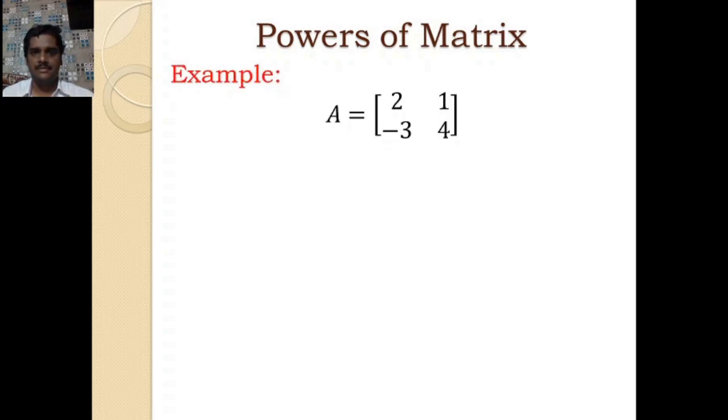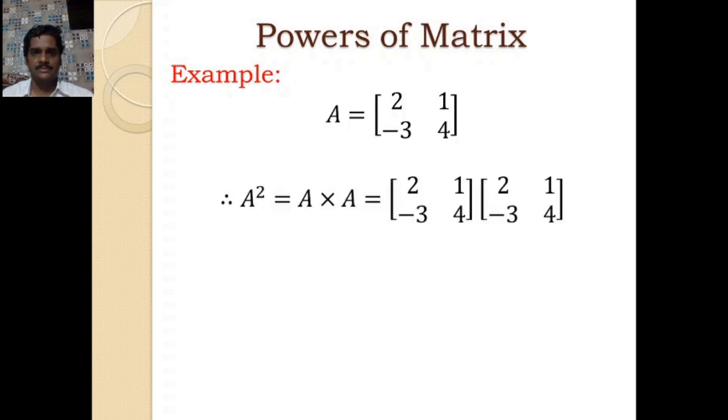So I have one 2 by 2 matrix over here, and I'm going to compute A square and A cube for this. A square is what? Matrix A multiplied with itself gives you A square. So you can see I'm multiplying A with itself to get A square.